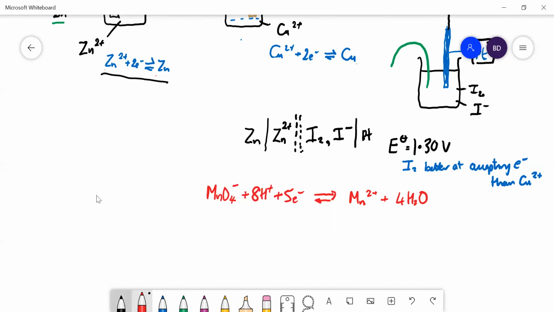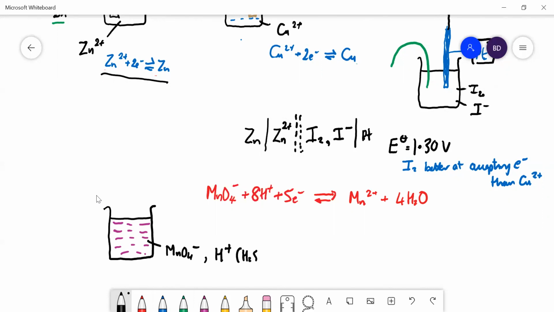So let's see, what would we do there? Well, we'd have a little beaker of, right, what we'd have to put in there, we'd have to put manganate ions. So this would be a nice purple color. We'd have to put in there some hydrogen ions, and we'd probably add some sulfuric acid, yeah.